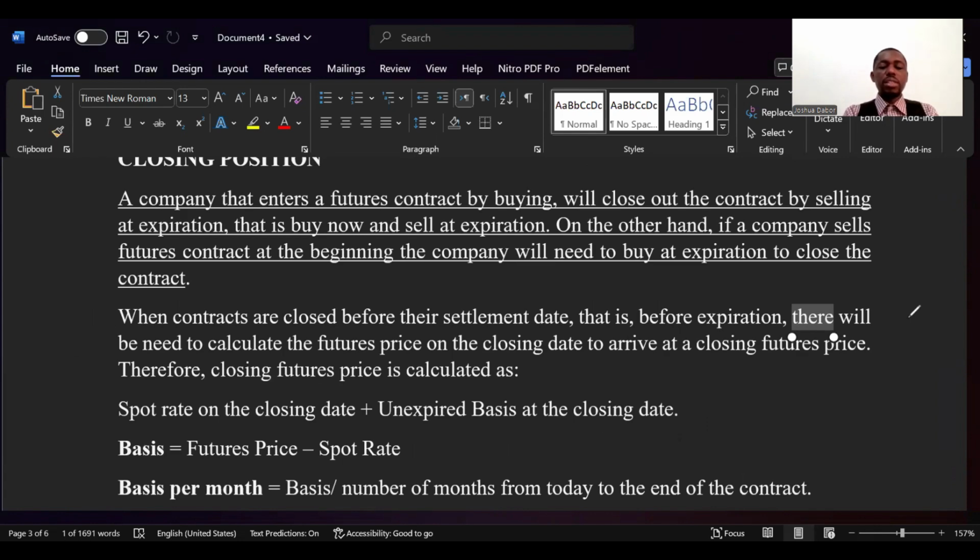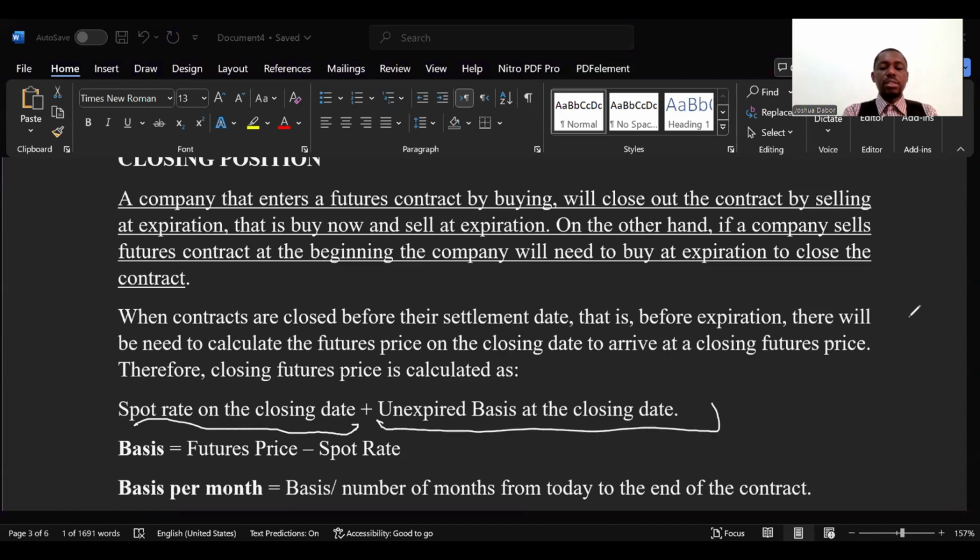Therefore, the closing futures price is calculated as closing spot rate, that's the rate on the closing date, plus unexpired basis. All this may not make much sense to you now, but just hold on. You will get what I'm trying to pass across to you.